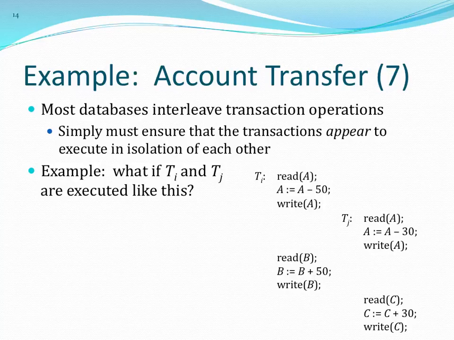Don't think about rollbacks yet, because we really aren't diving into this topic in depth yet. But does it appear as if TI and TJ execute in isolation of each other? In what order? Which one looks like it comes first? Yeah, it looks like TI comes first, and then it looks like TJ comes second.